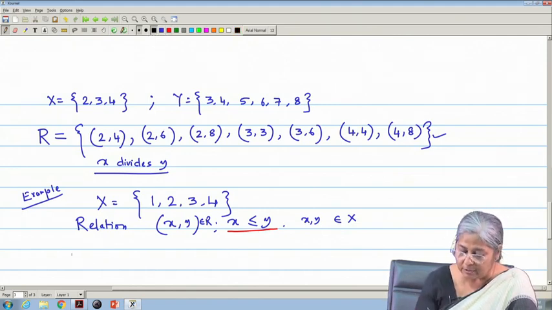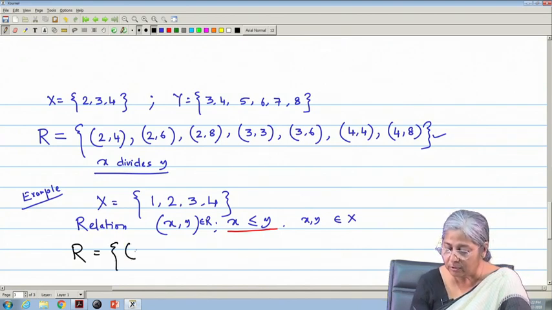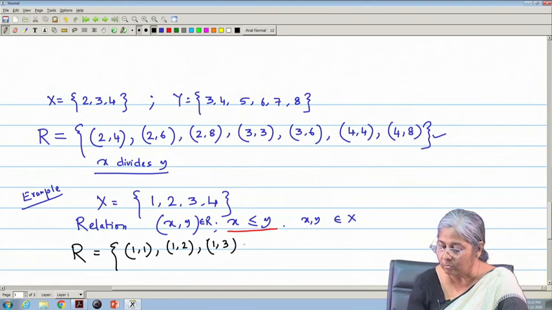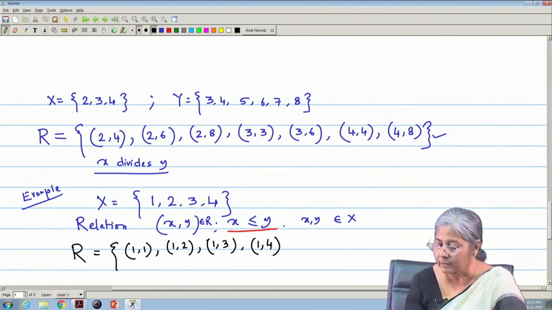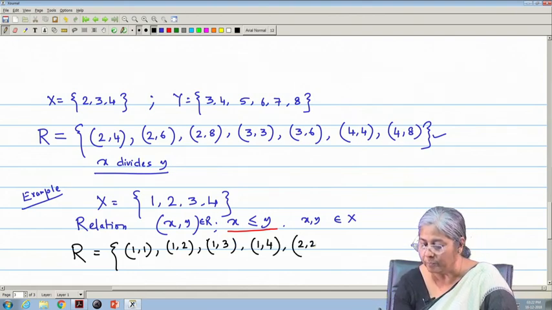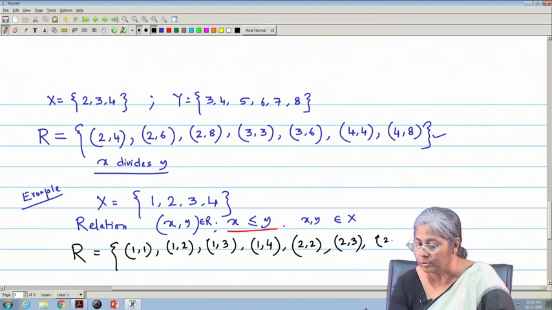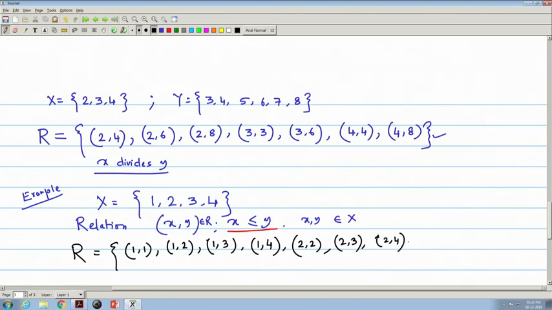So, my relation is: (1, 1), because the equal to is there, then (1, 2), (1, 3), (1, 4), then (2, 2), (2, 3), (2, 4), similarly (3, 3), (3, 4) and (4, 4).